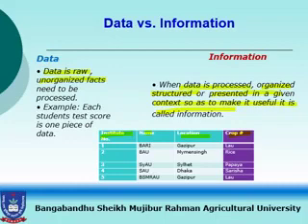Suppose there is 1, 2, 3, all of these are data values. The institute name is the data field, and 1, 2, 3 are the data values. So BARI, BAU, BSMRAU, all of these are data values, and Gazipur, Mymensingh are also data values.